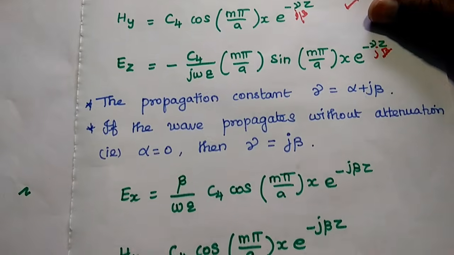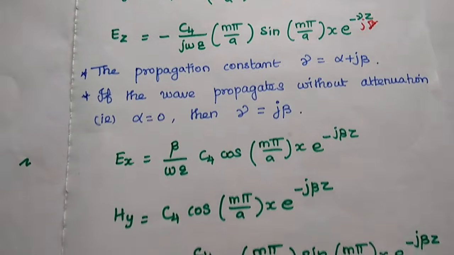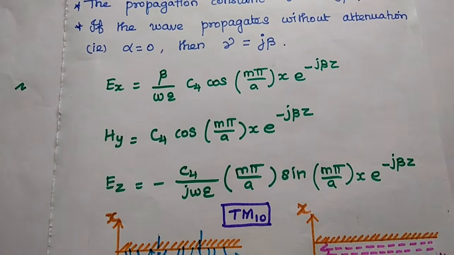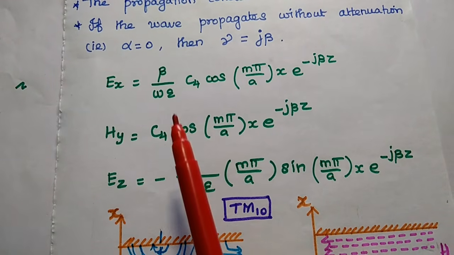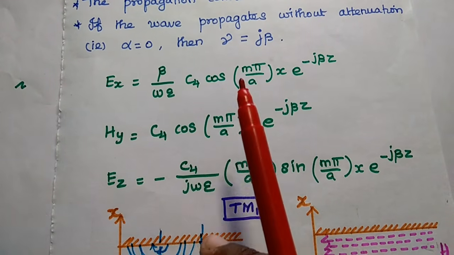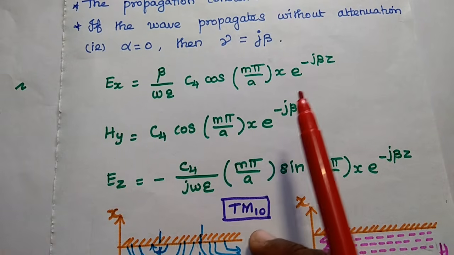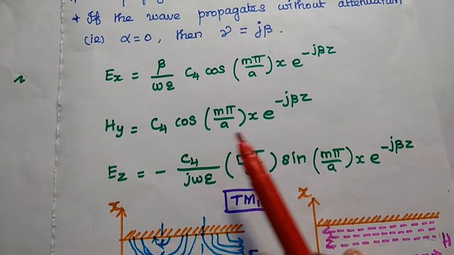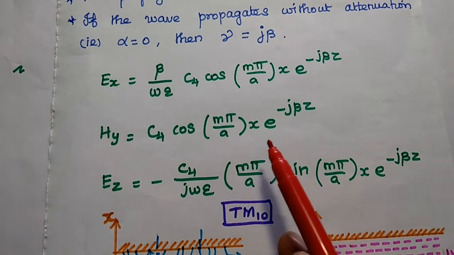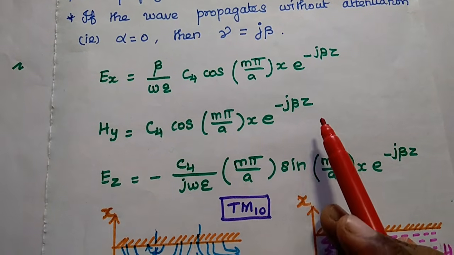Then the field components for these TM waves between parallel planes are represented as Ex is equal to beta by omega epsilon C4 cos m by a x e power minus j beta z. Hy is equal to C4 cos m by a x e power minus j beta z.